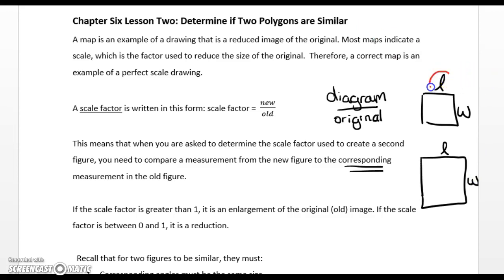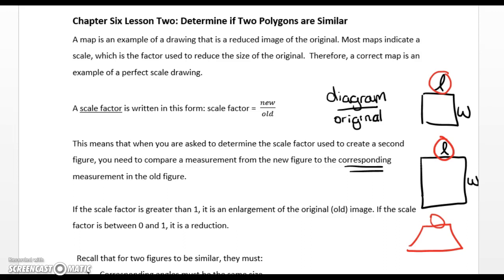So you'd have to use the top length and top length. The reason why I say top length and top length is because say if you're working with a different object, like say we had a trapezoid, you want to use that same corresponding position. So you will want to be working with the top dimension and top dimension there as well. So they're corresponding measurements, meaning they're in the same position.